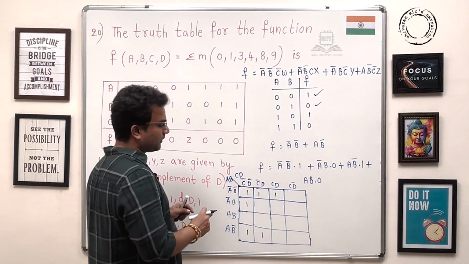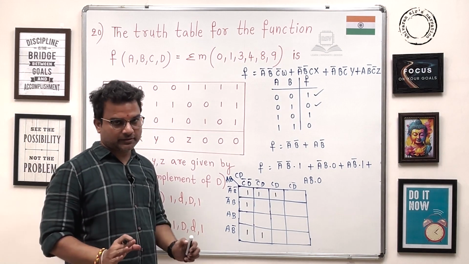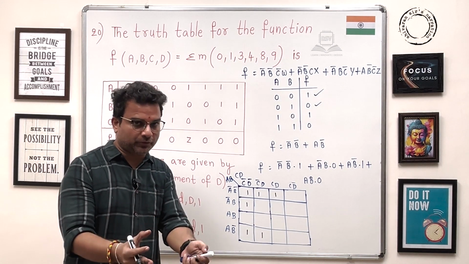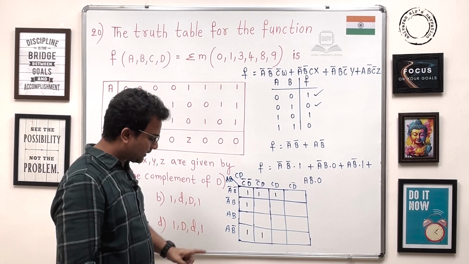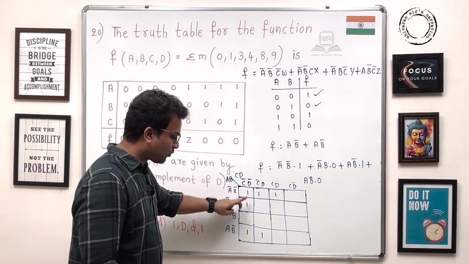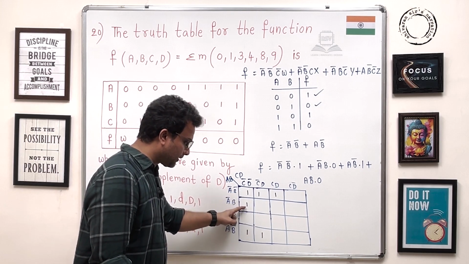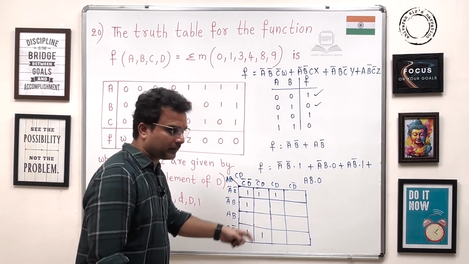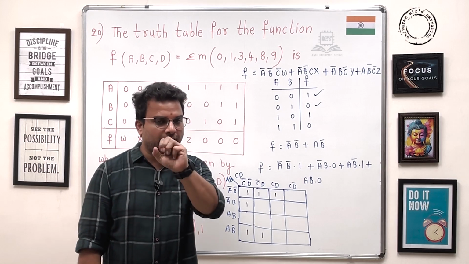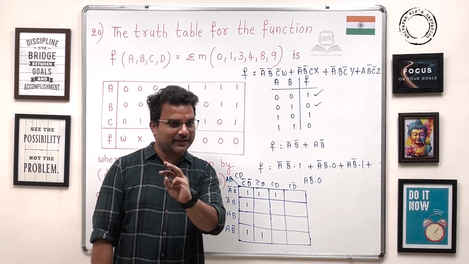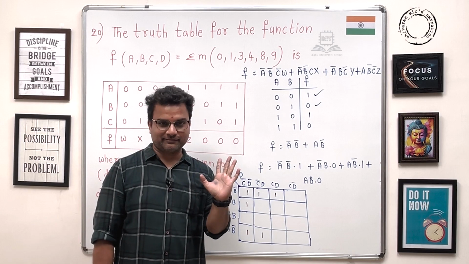Now, what next? We want to simplify it. Suppose, if I simplify, let's take this one and this quad, then you will get here 1 pair, here also you get 1 pair, then you will get 3 terms only. Isn't it?